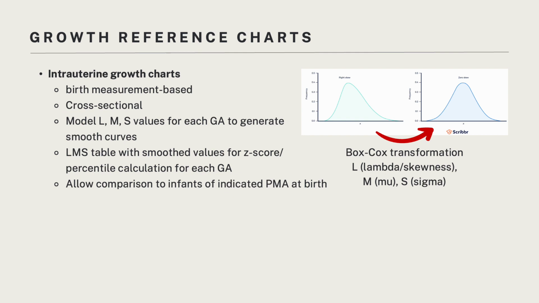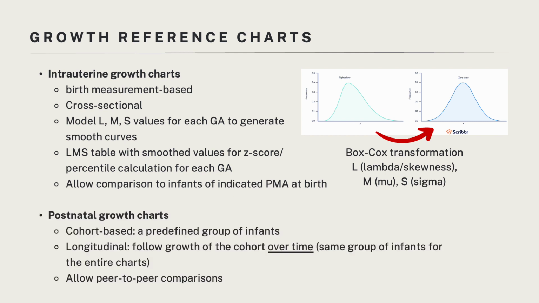The LMS values are the values that transform the birth weight distribution for each indicated gestational age into a normal distribution. Modeling the LMS values together over a range of gestational age allows us to obtain the percentile curves and calculate the z-scores. This type of growth chart allows us to compare preterm infants to their fetal counterpart at the time of birth for each indicated postmenstrual day.